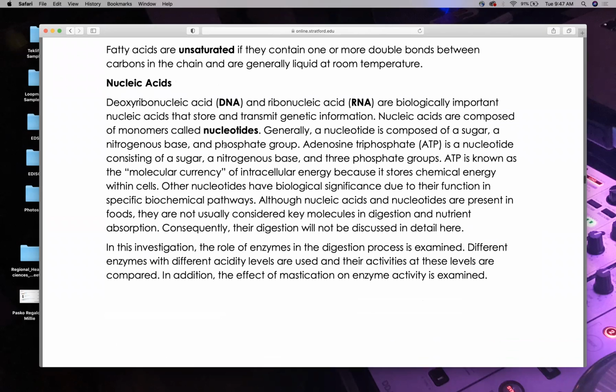Lastly, nucleic acids. That is the fourth category of organic compound. That's DNA and RNA. The DNA, or deoxyribonucleic acid, is the blueprint of who you are. It's the code of everything, even your behavior, how you act, what color your eyes are, are you going to be tall, are you going to be short.